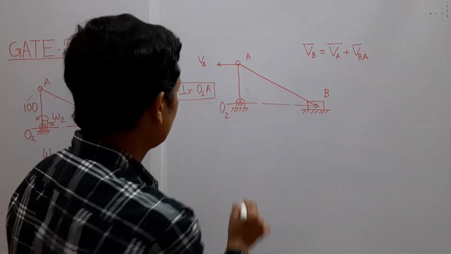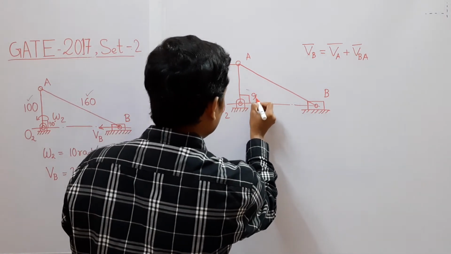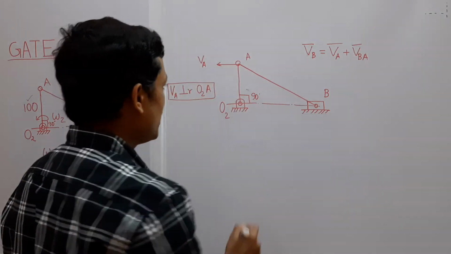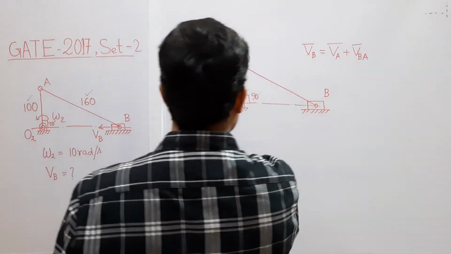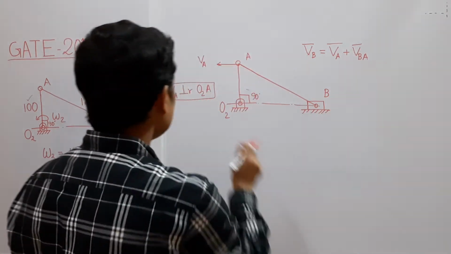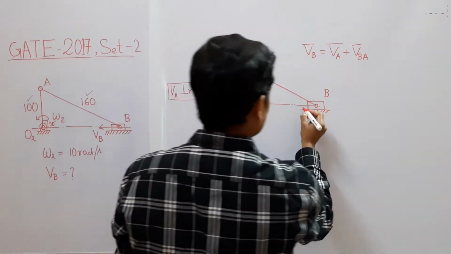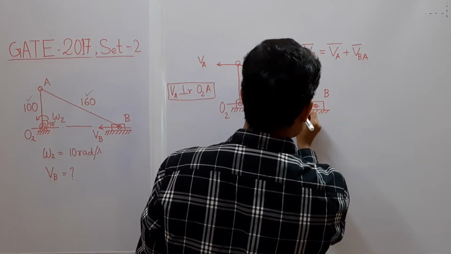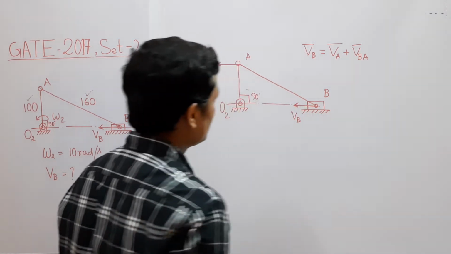So if crank is 90 degree with the axis of the slider, then VA will be along axis of the slider and VB is also along axis of the slider.